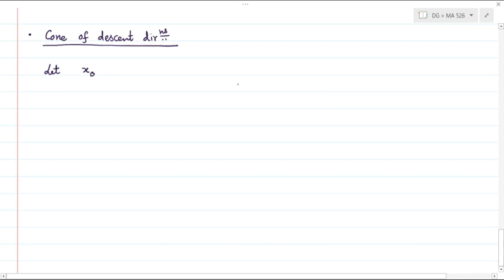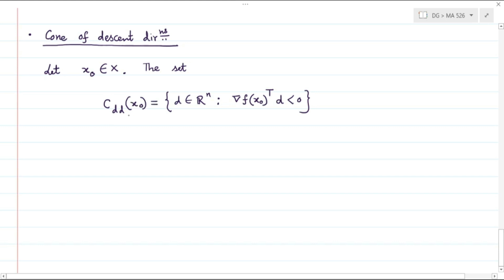It is related to the descent of the objective function, so I take a point that might not be in the feasible region but is inside the abstract constraint set capital X. So let x0 be inside the set capital X. Then the set of directions in Rn for which gradient of f at x0 transpose d is less than 0 will be denoted by CDD. DD is the abbreviation of descent directions.